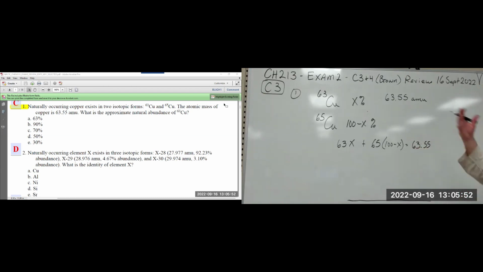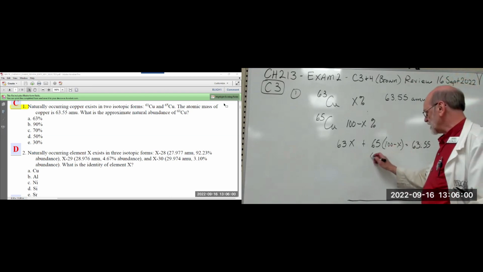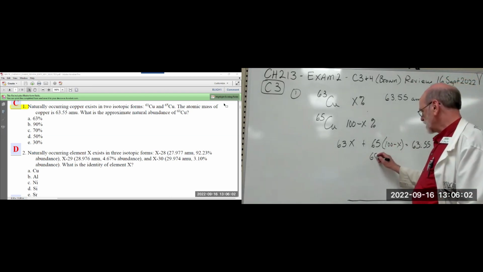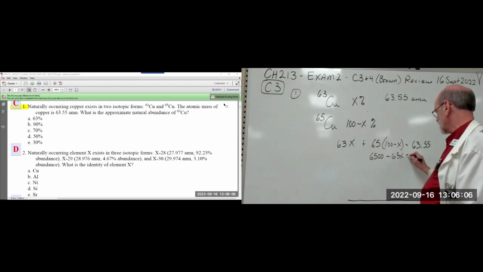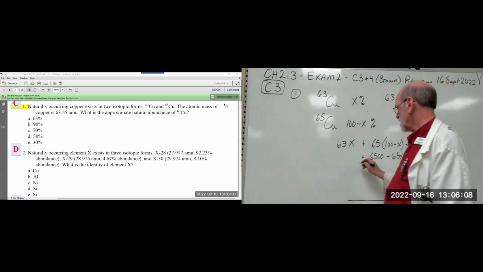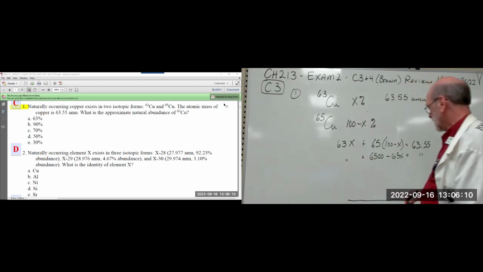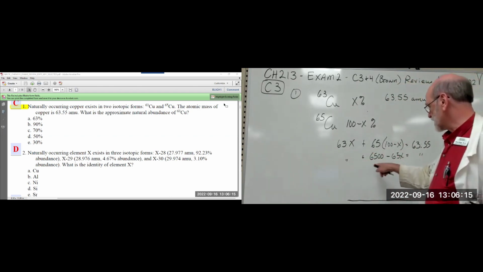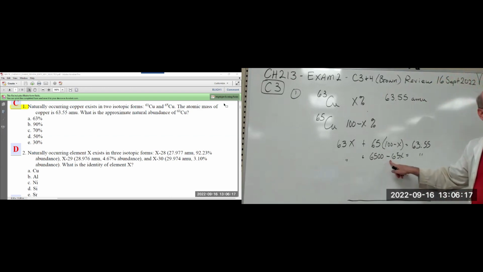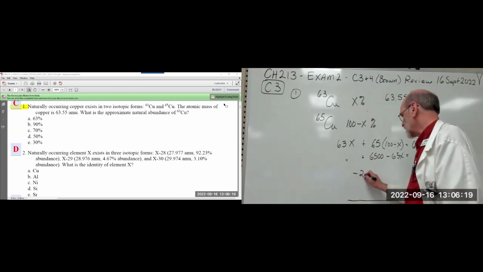Okay, now we have an equation in one unknown. We just need to expand it and solve for X. So this would be 6,500 minus 65X equals that value. Then we combine the X's. If we put the X's over on this side, that's minus 2X, right?